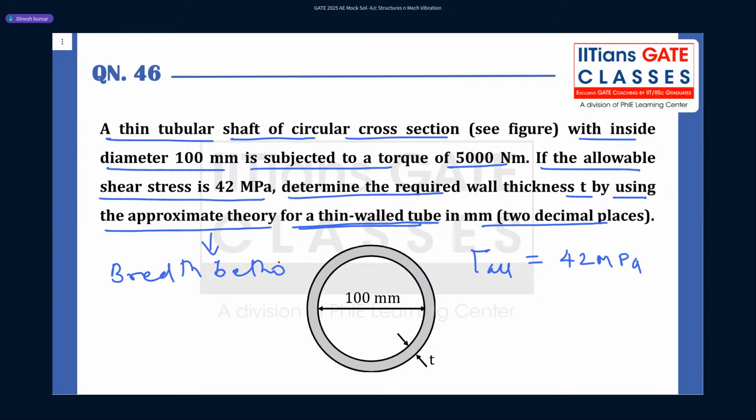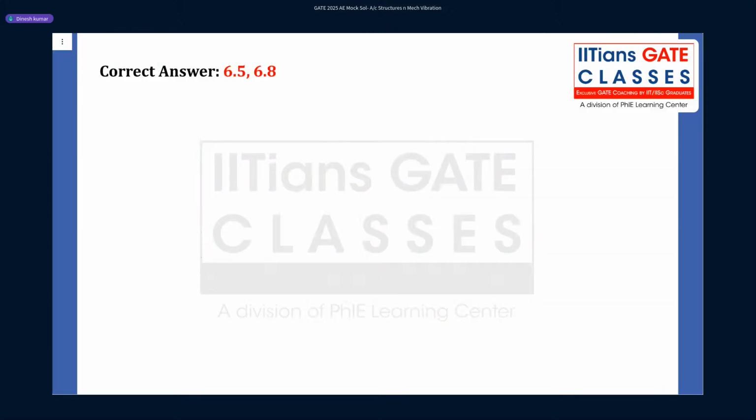According to Bredt-Batho theory, the applied torque T is given by 2AQ, where Q is known as shear flow, and Q is nothing but tau into t. What is A? Here, A is the cross-sectional area.